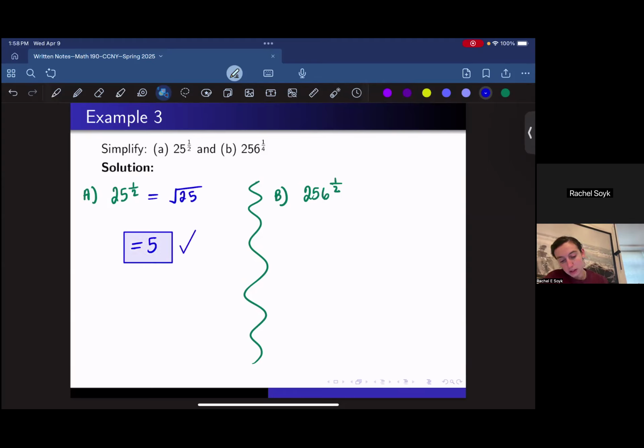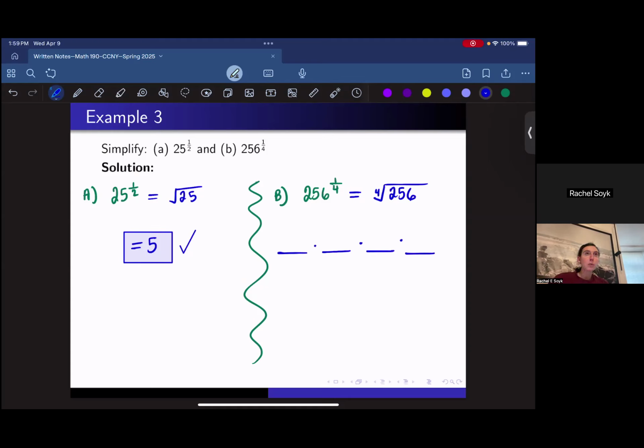And then part B, we have 256 raised to the 1/4 power. Well, that's just the same as the 4th root of 256, which is just what times what times what times what gives us 256.